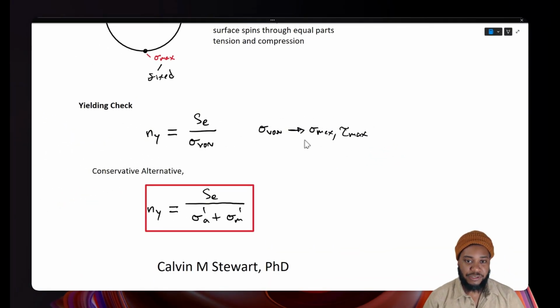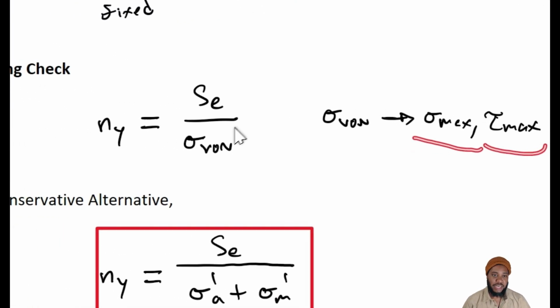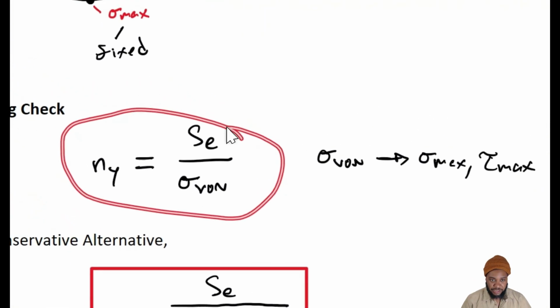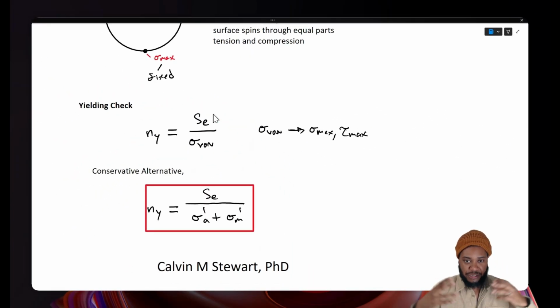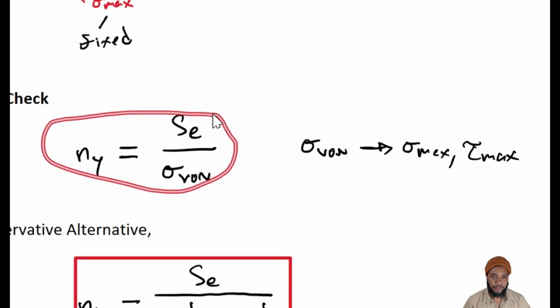So this is just taking the max value from our fatigue stresses and plugging it in to see if in these opening modes, in these tensile type of modes, will yielding occur.